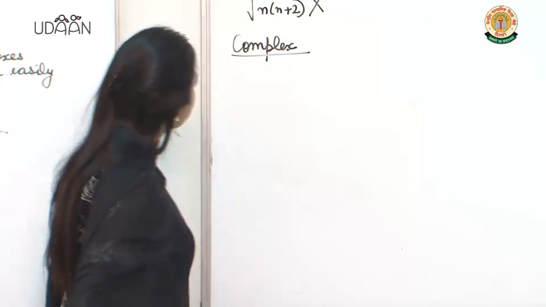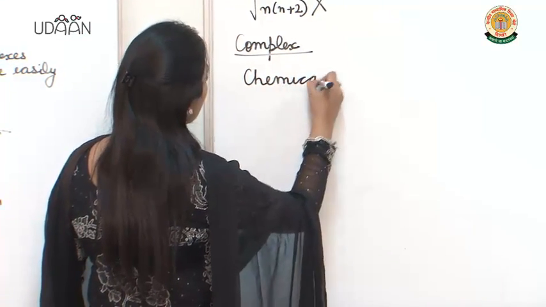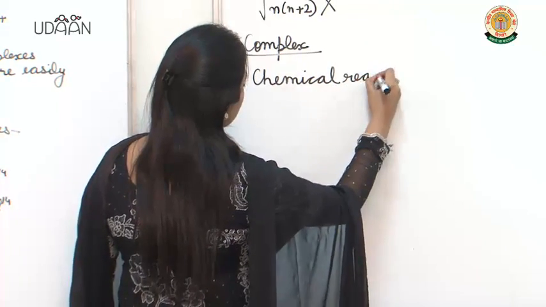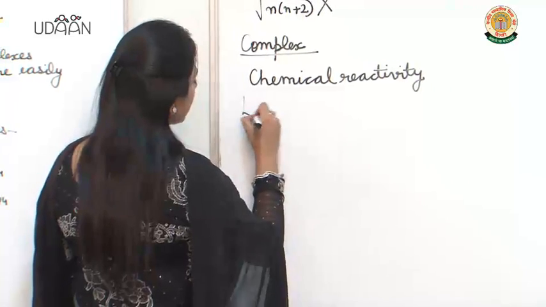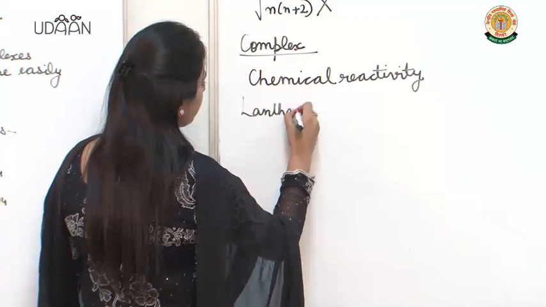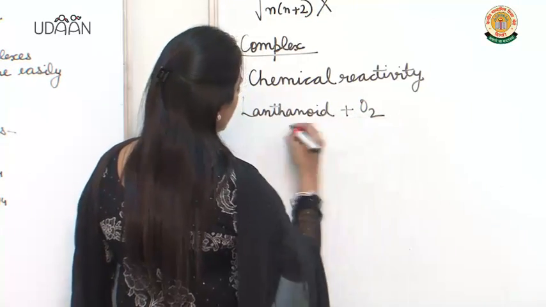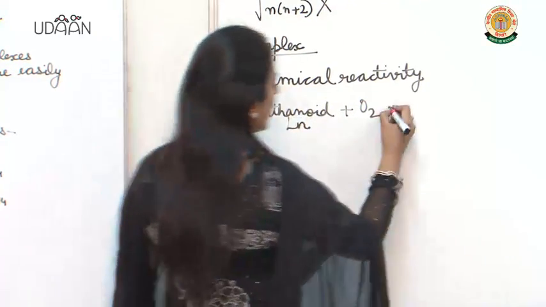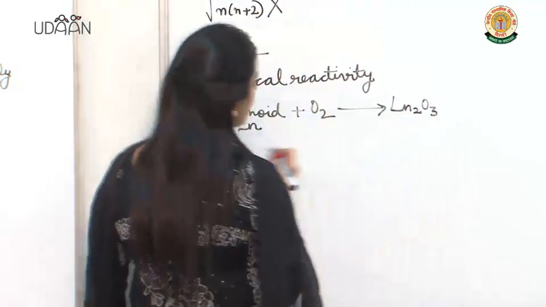Now, let us study the chemical behavior of lanthanoids. So when I talk about the chemical reactivity, if I take the lanthanoid element and I react it with oxygen, let me put the symbol Ln. The formula for the compound would be Ln2O3.